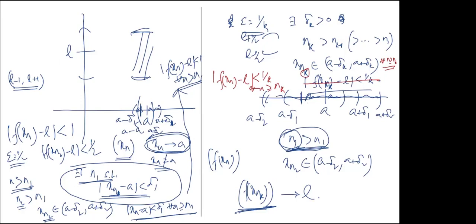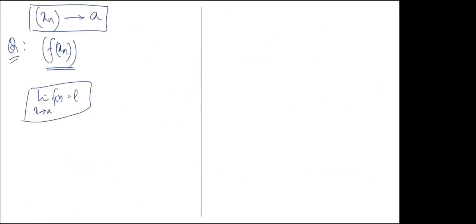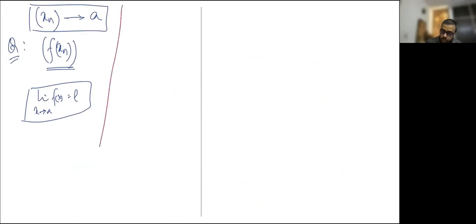So, sir, we have established that we have a sequence of x's that is converging to A, and corresponding to that x's, we have these function values which are converging to L. Right. So what we have proved is the following.